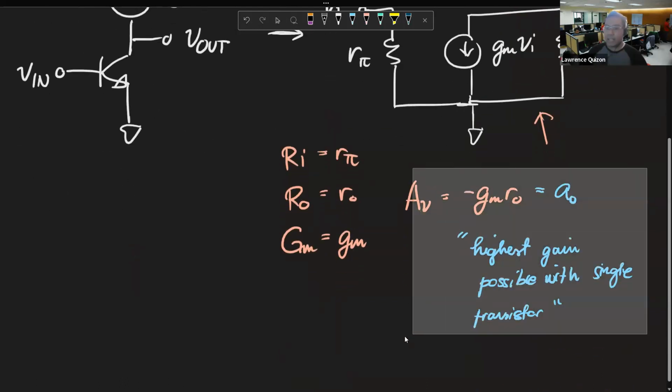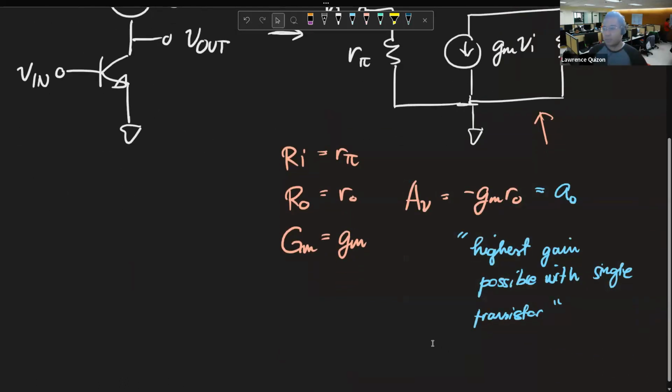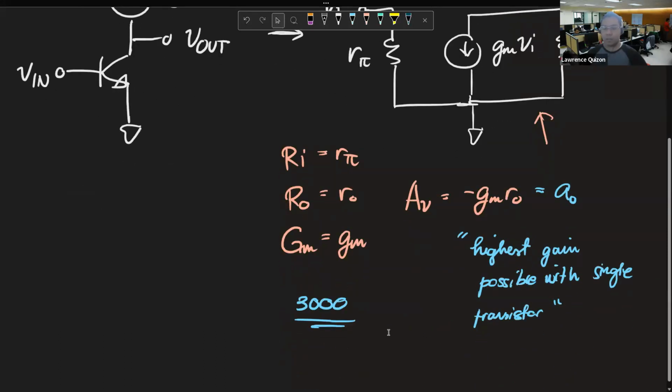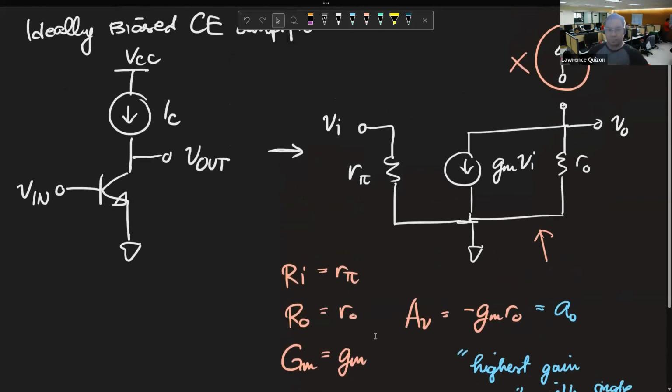So this is the highest possible gain for a single transistor. And we've calculated this before, no? For the two-port networks lesson, we found that this is around 3,000, no? For an IC of like 2 milliamps, if I remember correctly, for a BJT with beta equals 70, no? So that's the ideally biased CE amplifier.